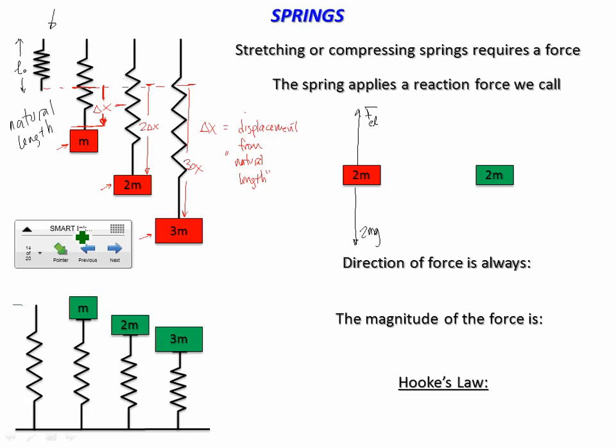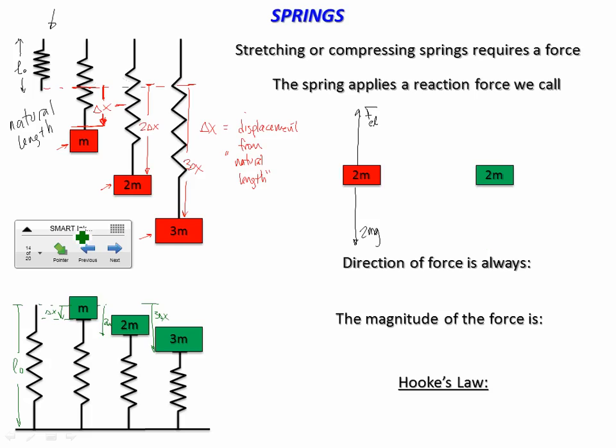Here's the natural length, L naught. So our displacement here is delta x, this way. Here there's 2 delta x. Here there's 3 delta x. In the bottom there, it's the same thing, really.